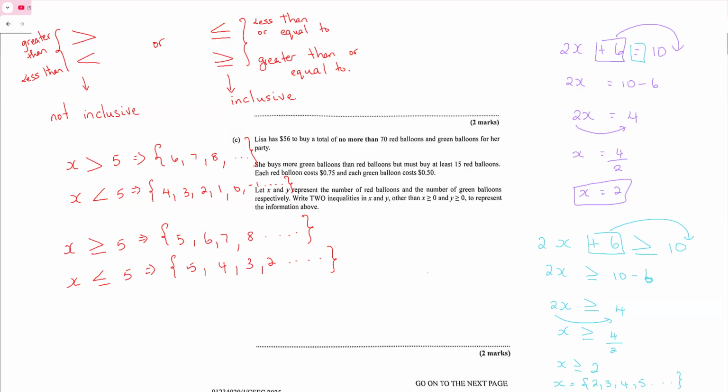But it includes 2. Right? So it just means that the value of x could be 2, 3, 4, 5, 6, or any other number. So we solve them just the way we solve regular algebraic equations.